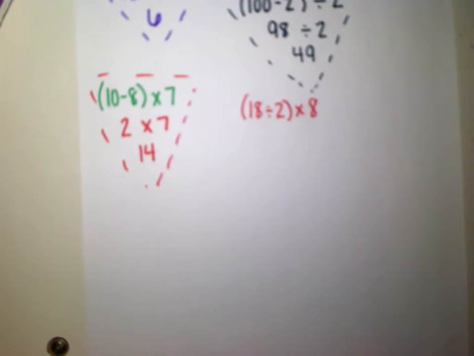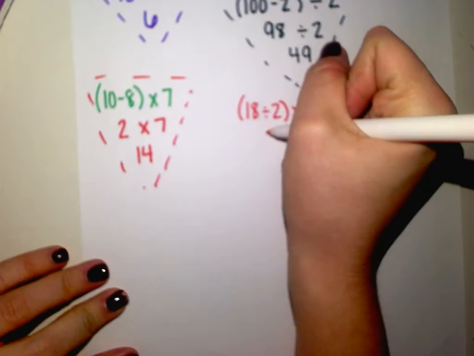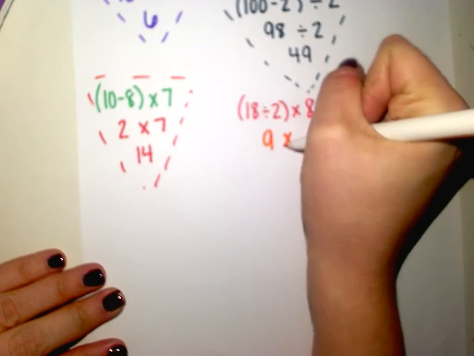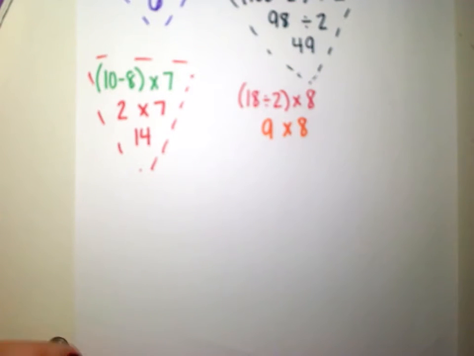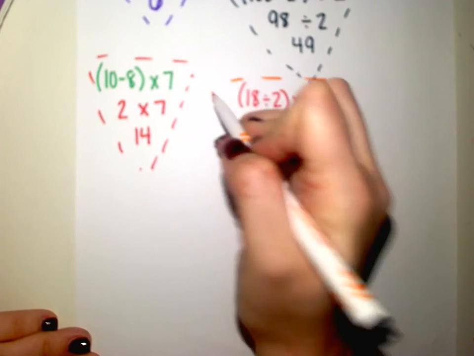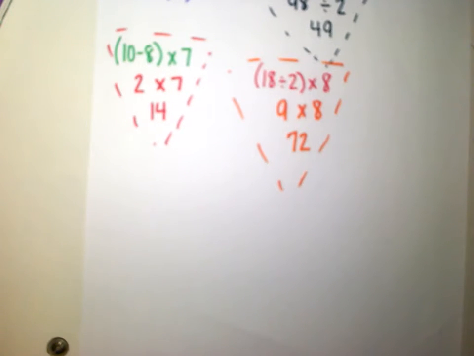All right, what am I going to do first here, Gab? 18 divided by 2. Very good. 18 divided by 2 is? Gabby? 9. 9. Awesome. Bring down that times 8. 9 times 8 is, Alex? 72. Fabulous. Triangle looks great.